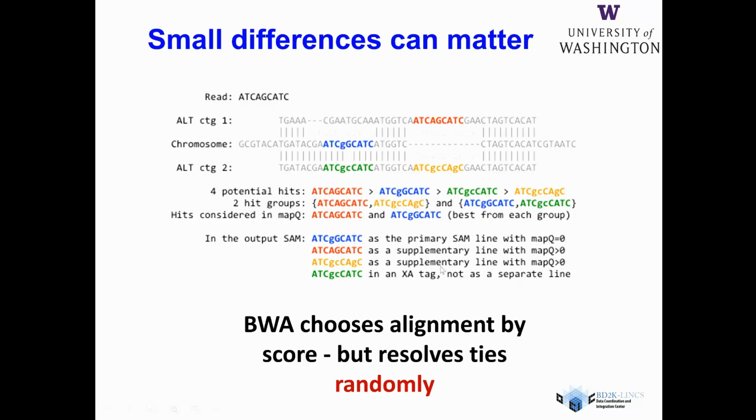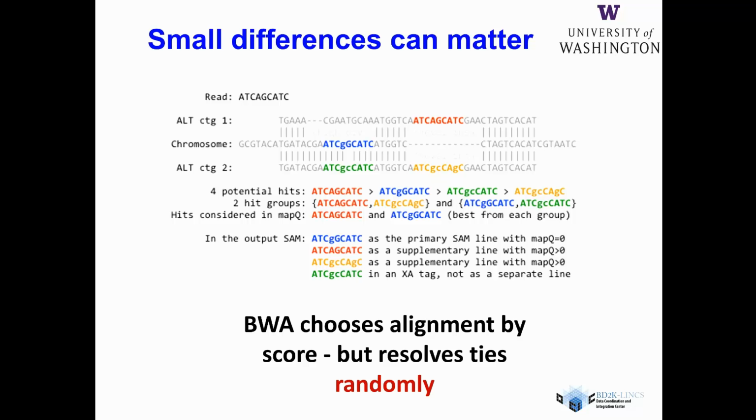Now, however, you can get ties, where you have the same score. The way that BWA resolves these ties is to choose randomly. That may sound like a silly way of doing it, but otherwise you would have systematic types of errors. If you do it randomly, you don't have systematic errors.